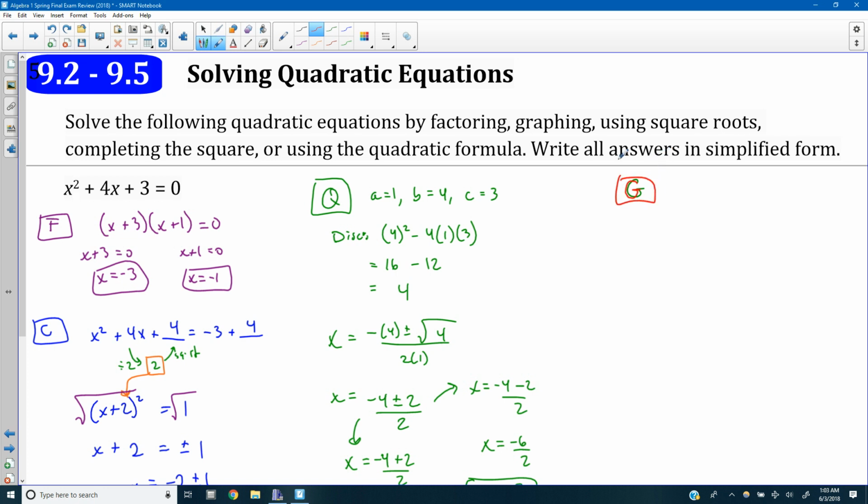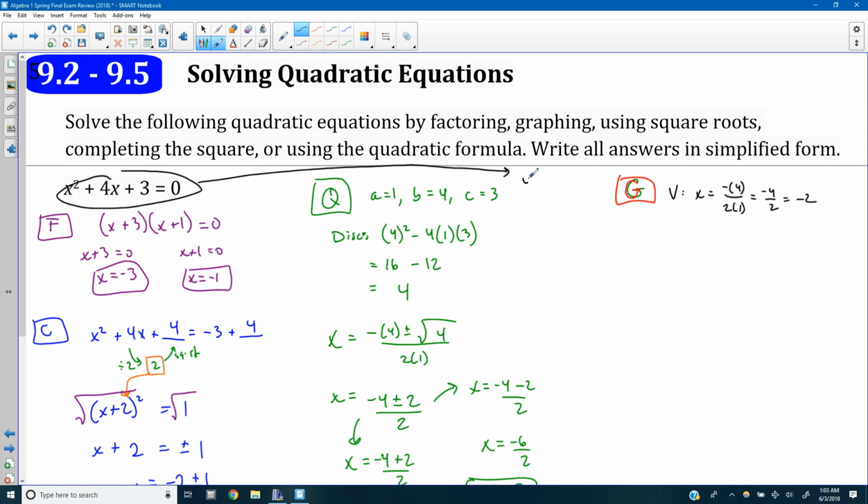Now, in order to graph this thing, we either got to use a table or get it into vertex form. No matter which way you do it here, and this is going to be a very, very rough sketch graph, but if I make a table, I want to find the vertex first. I can find the vertex's x value by doing negative b over 2a. That's negative 4 over 2 times 1, which is negative 4 over 2, which is negative 2. So the x value of the vertex is negative 2. For the y value, I'm referring to this equation.